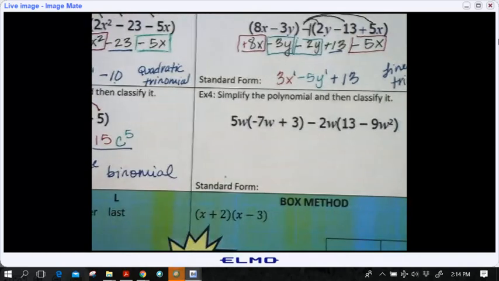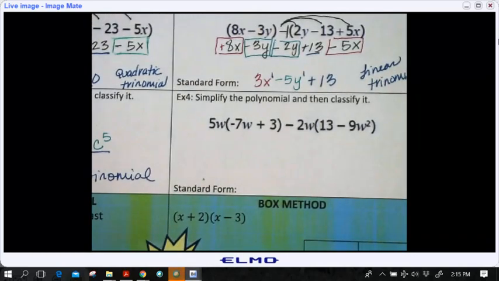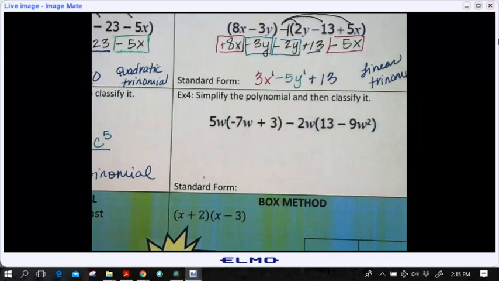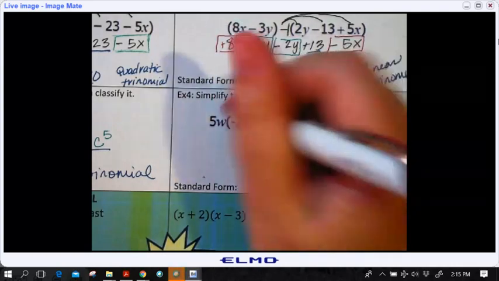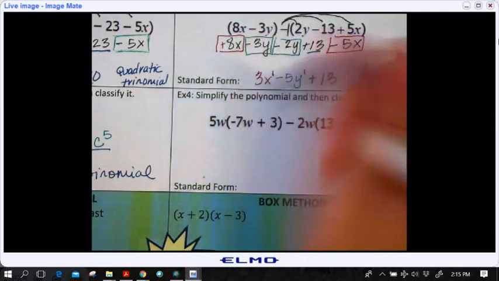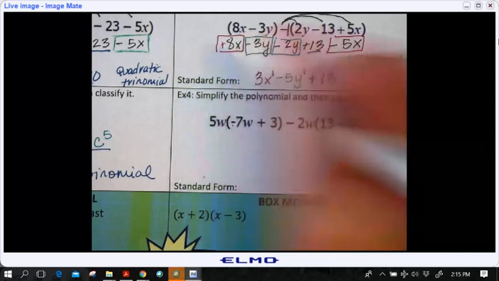All right, and now here's example 4. We're going to take examples 2 and 3, and we're going to put them together in a larger problem. So let's first start with our distributive property. So I've got 5w times -7w.